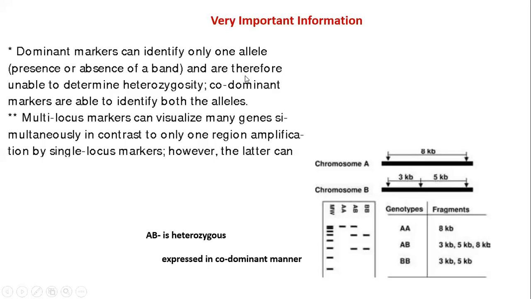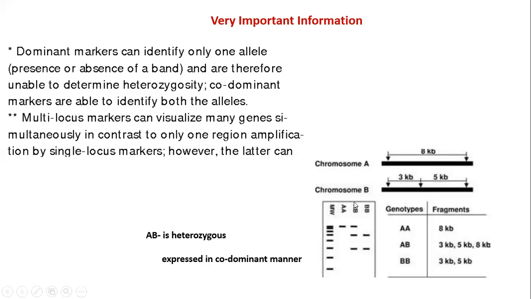But coming to the co-dominant marker, in a normal condition it gives two bands per se. And then if one band disappears, at least one band stays. So co-dominance is always unique in terms of saying that both alleles are important. If one allele is mutated, the other allele band can still appear.